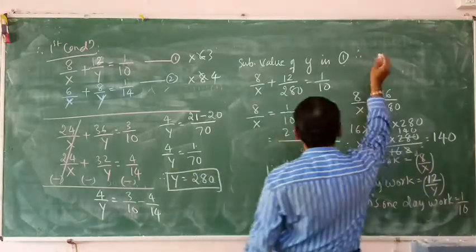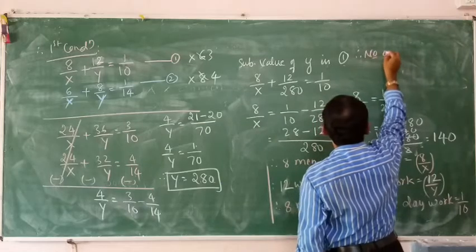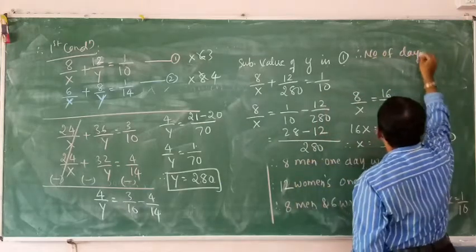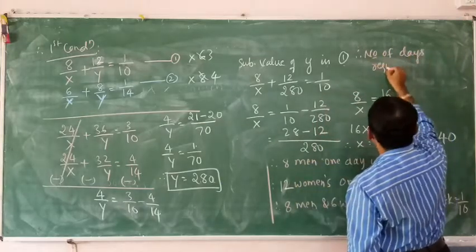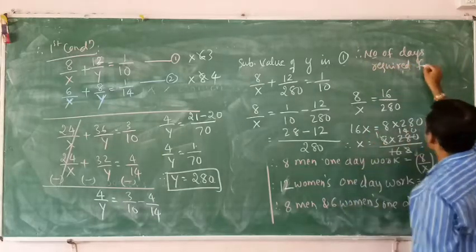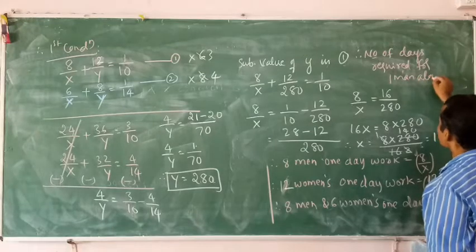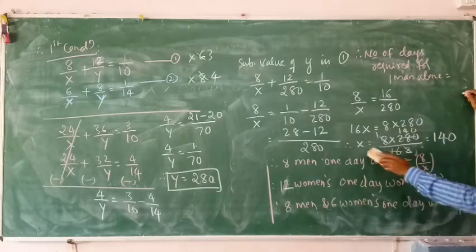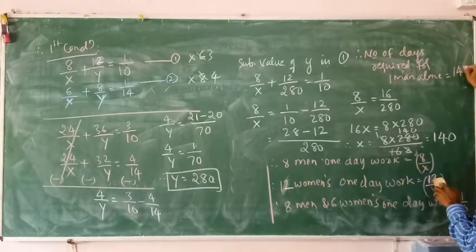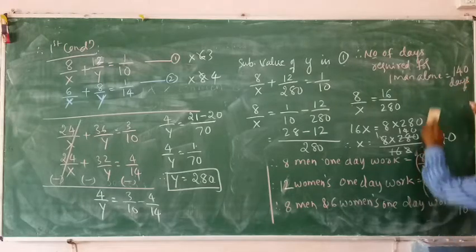Therefore, what? Number of days required for one man alone, which is equal to x. x means 140 days.